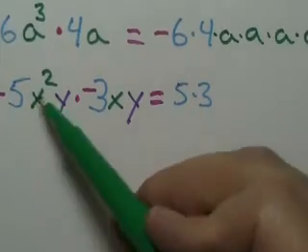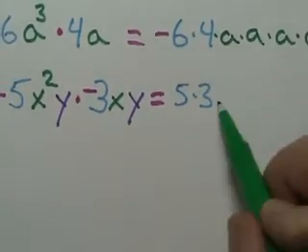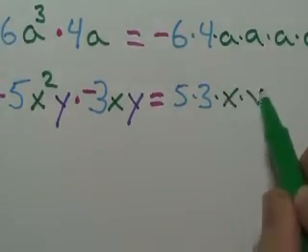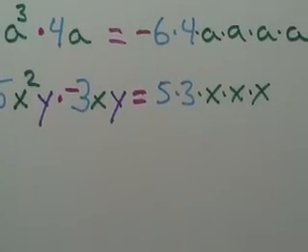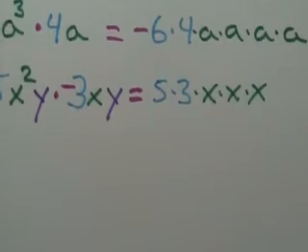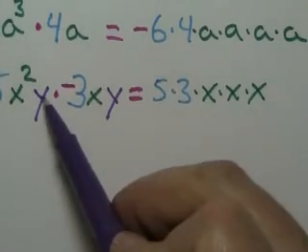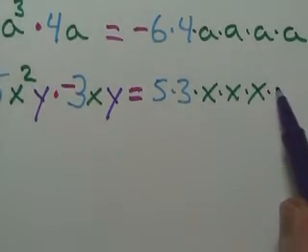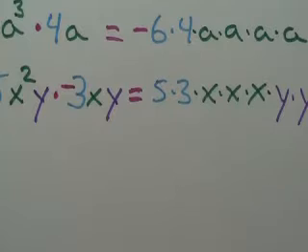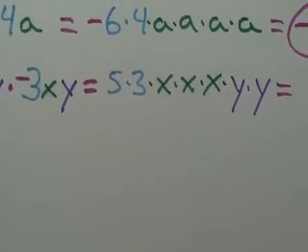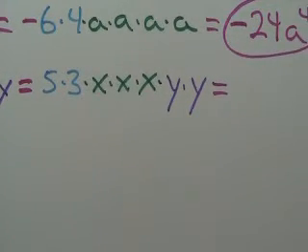Then our x's, I have 2 of them and another one. There's 2 there and there's one more. And for my y's, I have 1 there and 1 there.